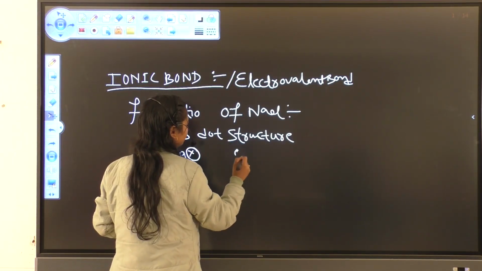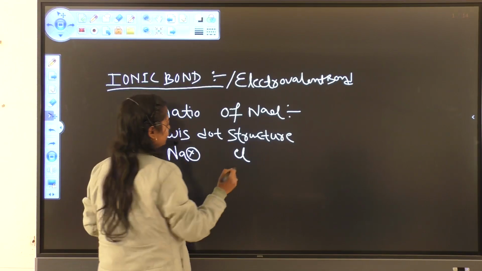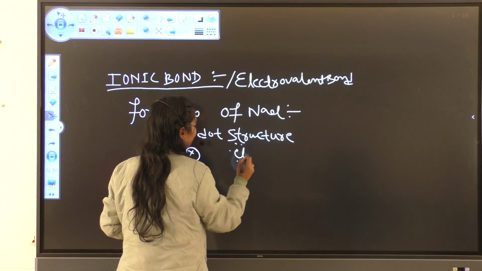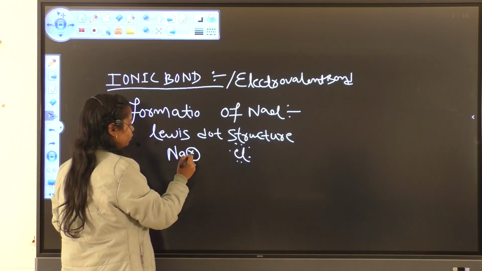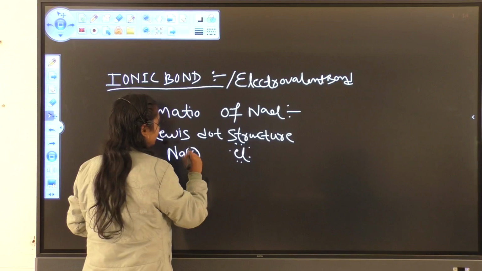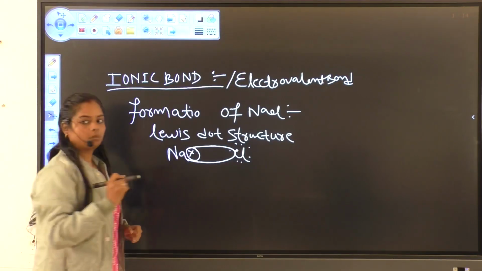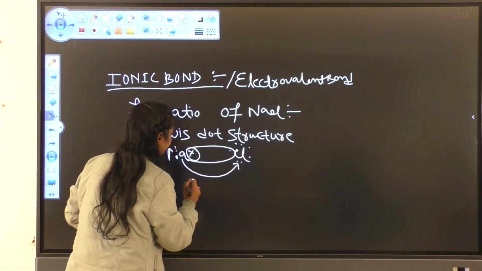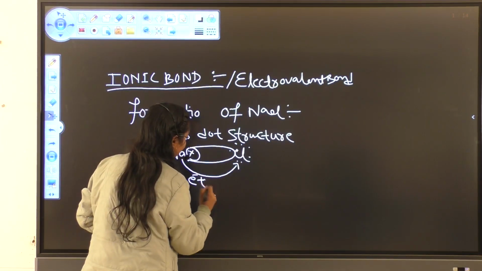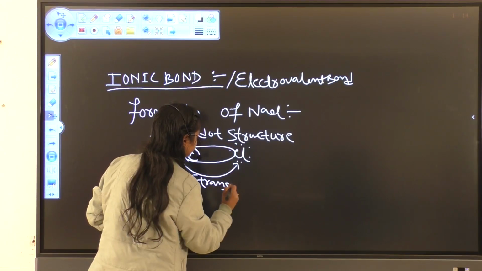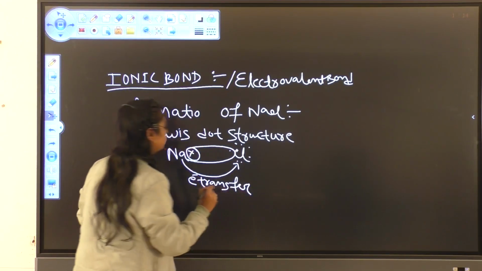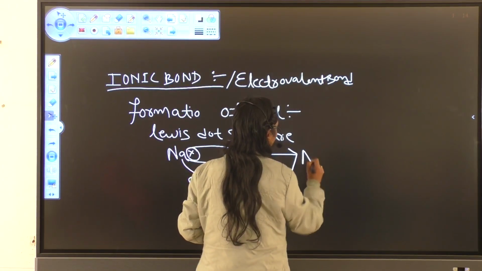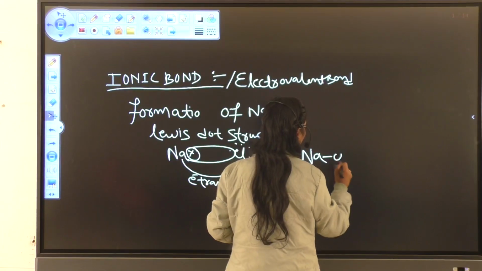And for chlorine, 7 valence electrons are present, which we denote as dots. Now this 1 electron and this 1 electron are going to react. The sodium is giving its 1 electron to the chlorine, so an electron transfer process is happening here, and finally we get sodium chloride.